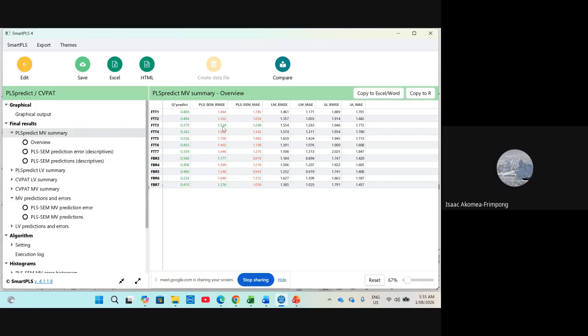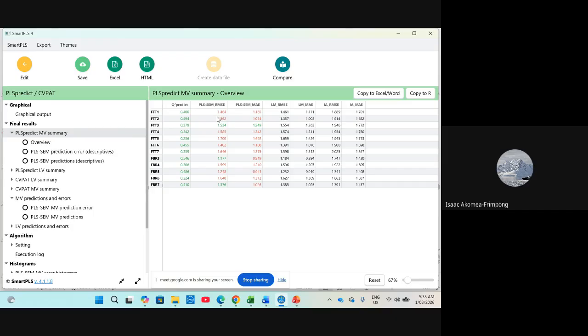So when you compare the two from the PLS model and then the traditional model, like the linear model, which one is smaller? So if I take my RMSE from the PLS-SEM and then my RMSE from the linear one, like if you are not using PLS-SEM and you are running a normal linear regression, which one is smaller?